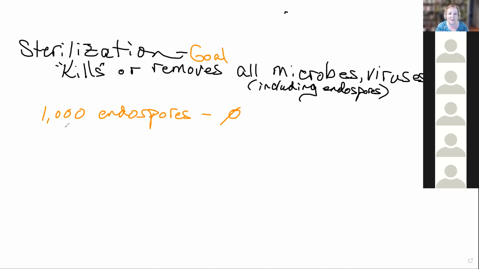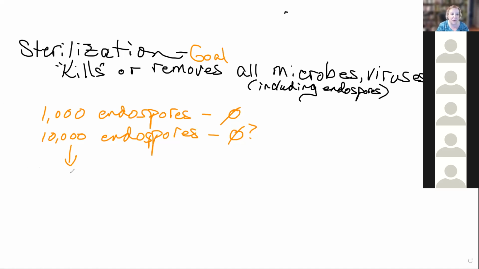But there's always the question of, what if I put 10 times as many in? Am I going to get 0 then? We could keep moving the scale up. If it takes out 1 million organisms, can it take out 10 million organisms? And so you never arrive at a positive, where we know it's sterile, because you can't prove a negative.